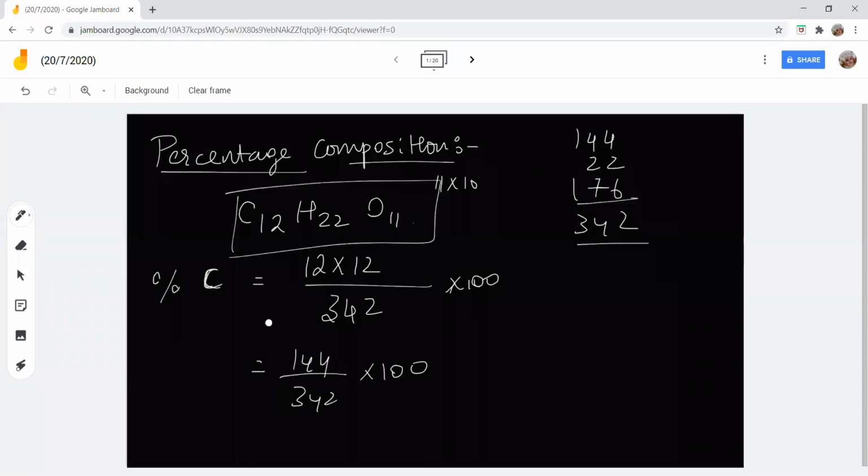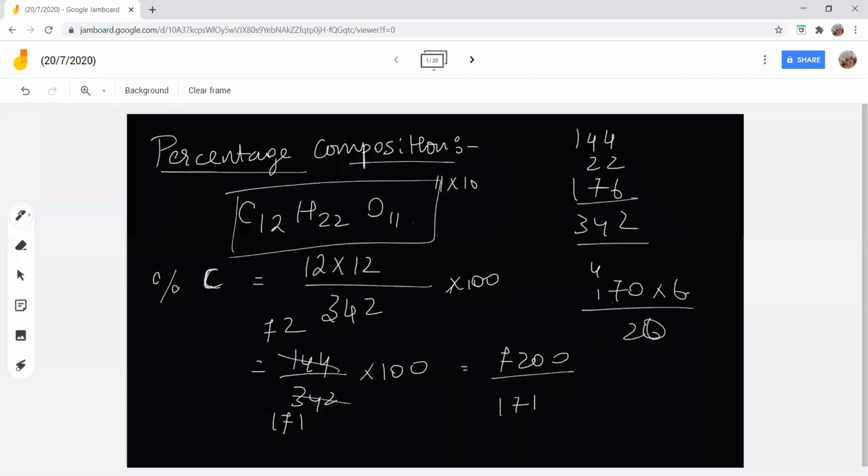Simplify it as much as possible: 72 over 171, so 7,200 by 171. 170 into 6 is almost 1000, so it should be around 170 into 5 or something. 7,200 divided by 171, around 4 times.